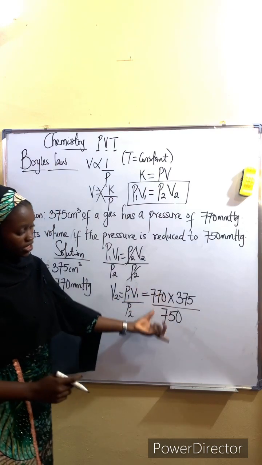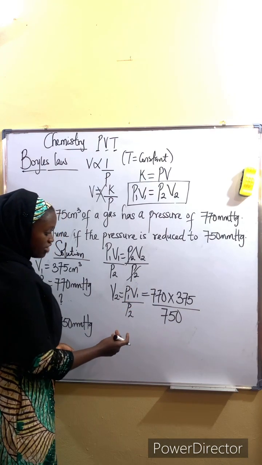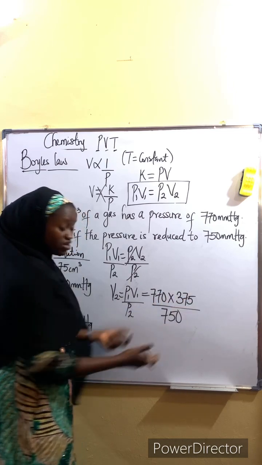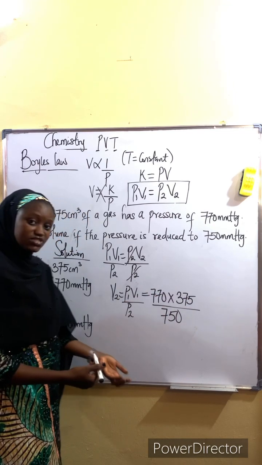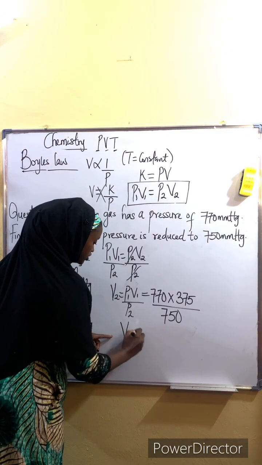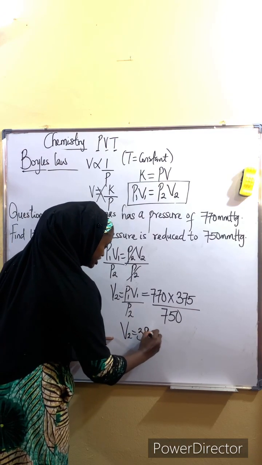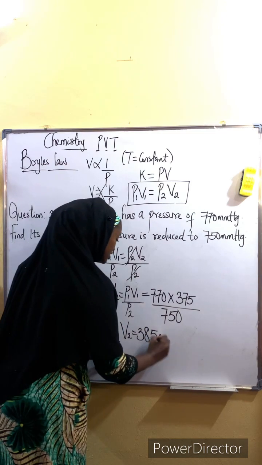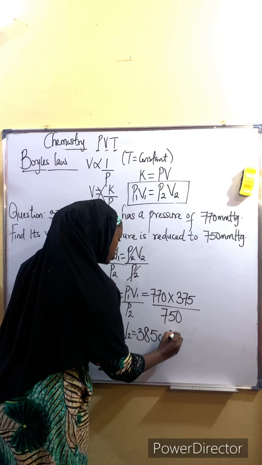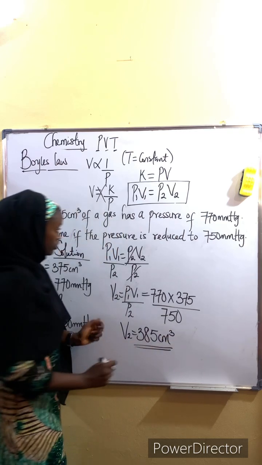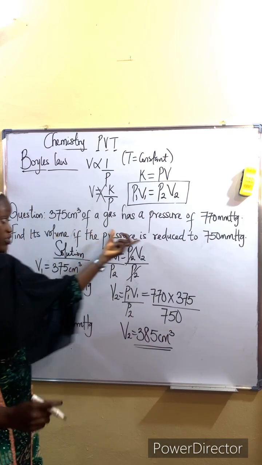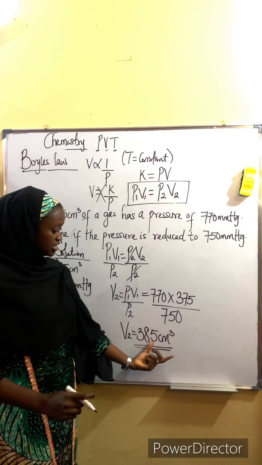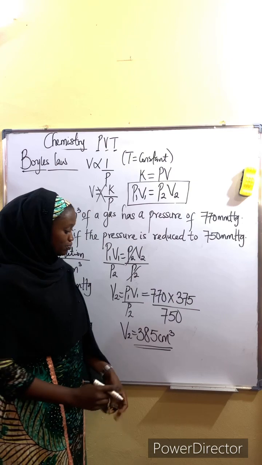So when we punch our calculator, we multiply 770 times 375, and the answer divided by 750 gives us V2 is equal to 385. And we know that the SI unit for volume is centimeter cube. So the volume V2, the volume when the pressure is reduced to 750 millimeter mercury, is 385 centimeter cube.